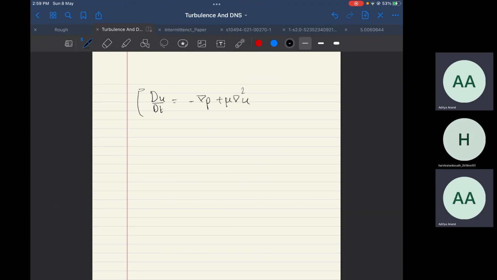If you take a curl of this equation, del cross u, you'll get a vorticity equation. I think d omega by dt is u dot del omega plus, I guess, nu del square omega is there.